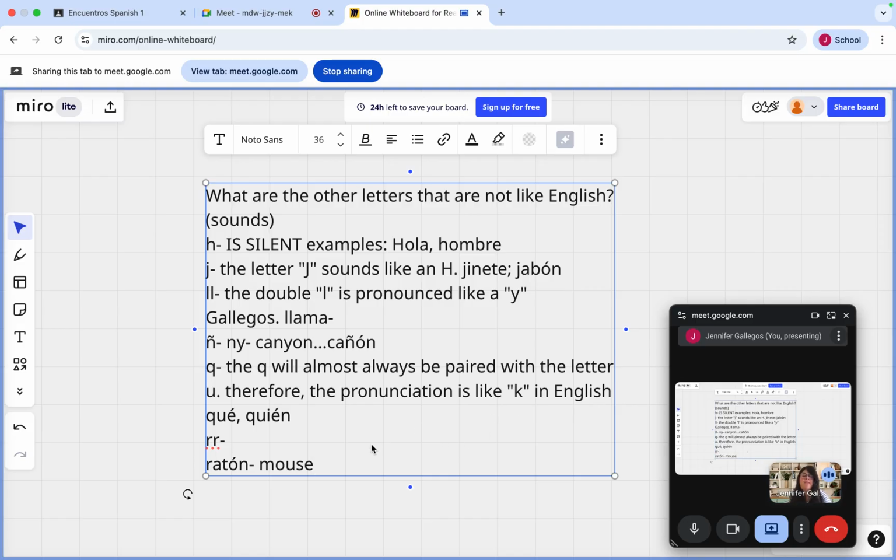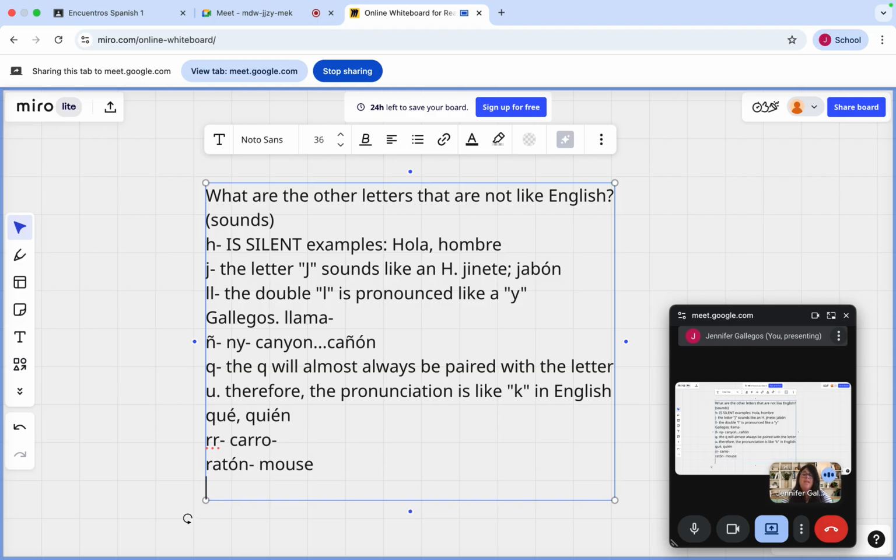Now, if you had the word C-A-R-R-O, then you kind of hold that R a little bit if you can. I don't expect anybody to do this well and perfectly, but it would be pronounced carro, rro, rro, rro. That's the sound that it makes. But I don't expect that part to be perfect. It's very subtle, like ratón is just really quick, and then carro. Okay, so don't expect anybody to roll the R's, but that is the other sound.